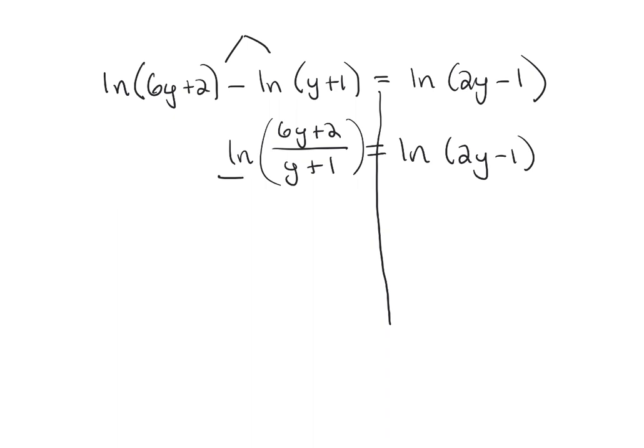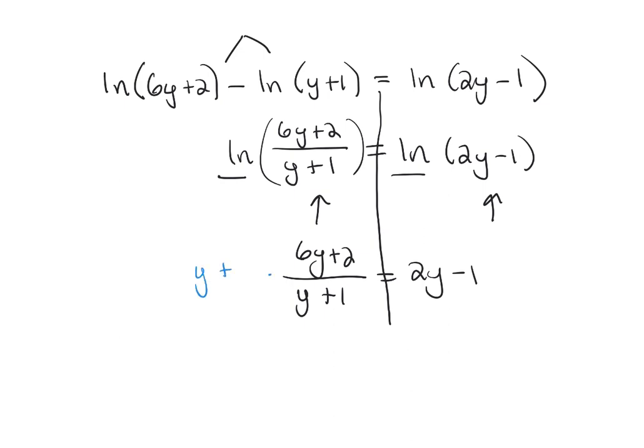If we have logs isolated on both sides, you can just set this part equal to this part. To solve for y, we can multiply both sides by y plus 1 so that those cancel.